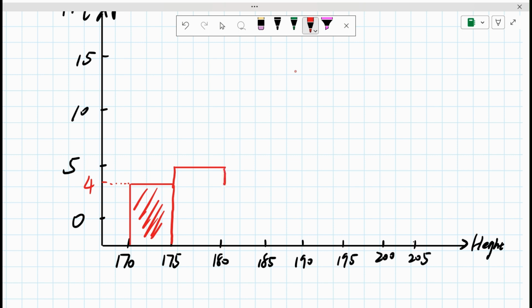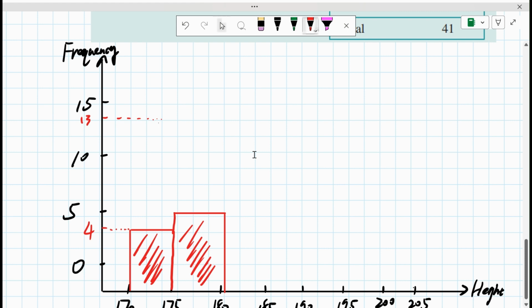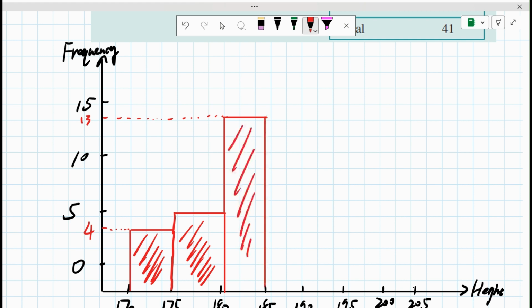Then 180 to 185 is 13, the highest one. Remember, you can always use a ruler. Perfect, and then 185 looks like that.